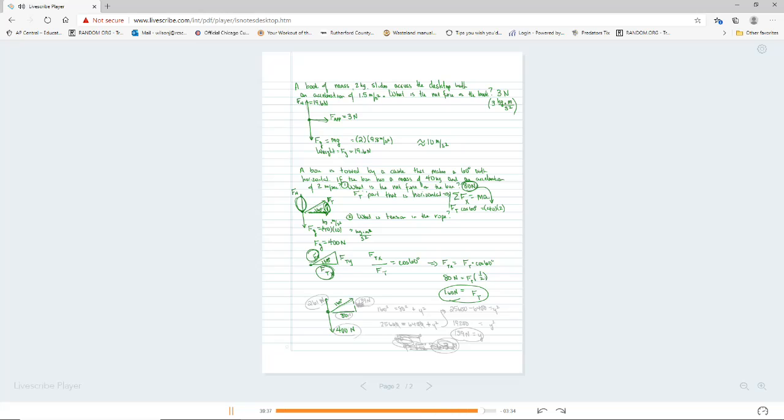So y equals 40. And so this would be the square root of 40, which would be about 6.4.